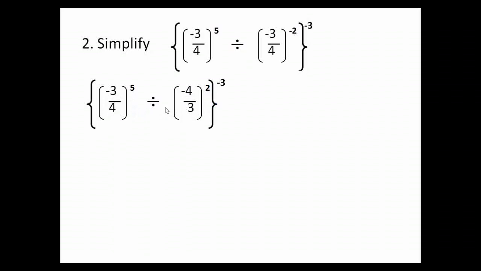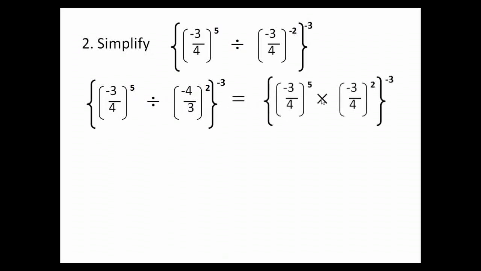Now division between the fractions, what do we do? When we divide, we change the sign and reciprocate the number by which we are dividing this number. So we'll change the division sign into multiplication, and negative 4 by 3 will become negative 3 by 4. Now if we observe as an exponential number, the negative 3 by 4 is the same here, like negative 3 by 4.